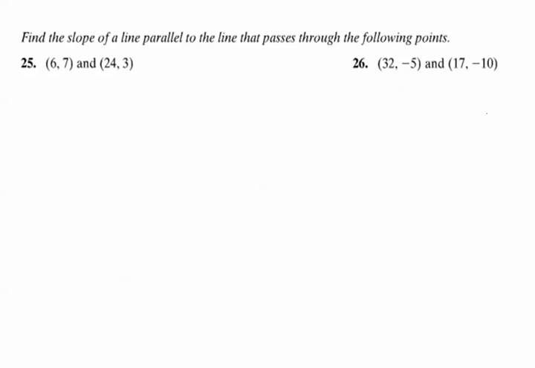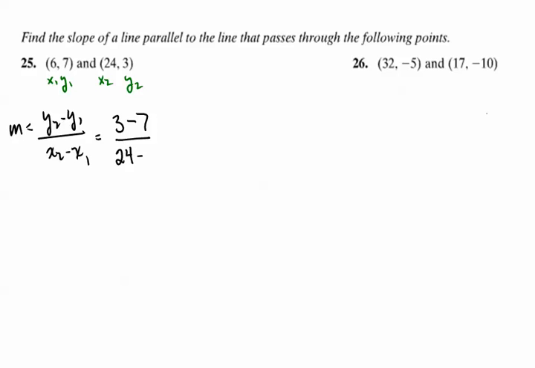So let's go through some more examples of this. Find the slope of a line that's parallel to these two lines here. So x1, y1, x2, y2. We're going to calculate slope. M is equal to y2 minus y1 over x2 minus x1. y2 is 3 minus y1, which is 7, over x2, which is 24, minus x1, which is 6.